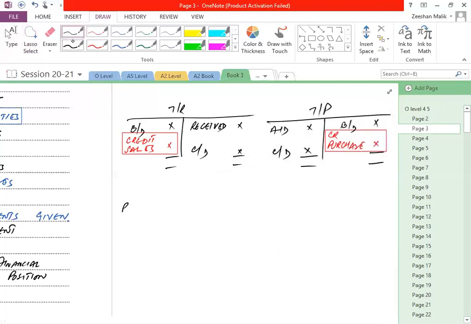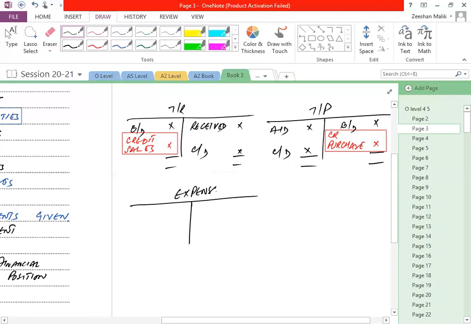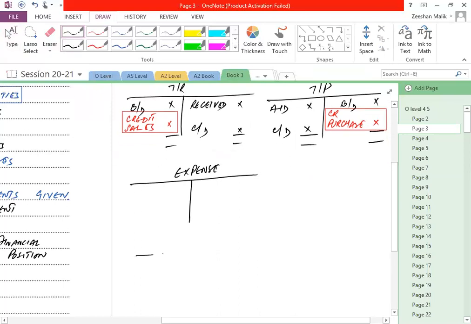Now, I was saying open the expenses account if accruals and prepayments are given. Let me open two accounts of expenses. One is for prepaid, the other one is for accrued. If it is prepaid, then prepaid brought down should be on the debit side.